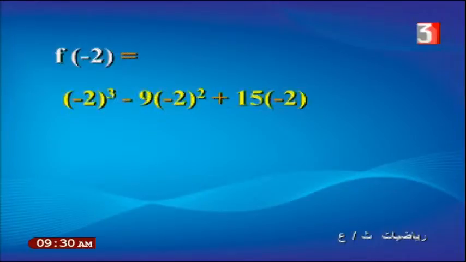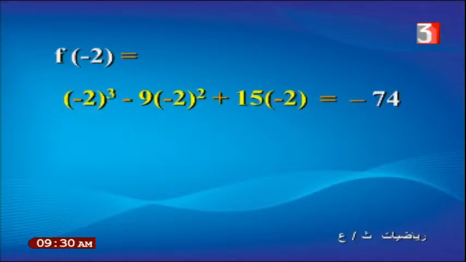Then we find the value of y at x equals negative 2. Then f of negative 2 equals negative 2 to the power 3 minus 9 multiply negative 2 power 2 plus 15 times negative 2, which equals negative 74.